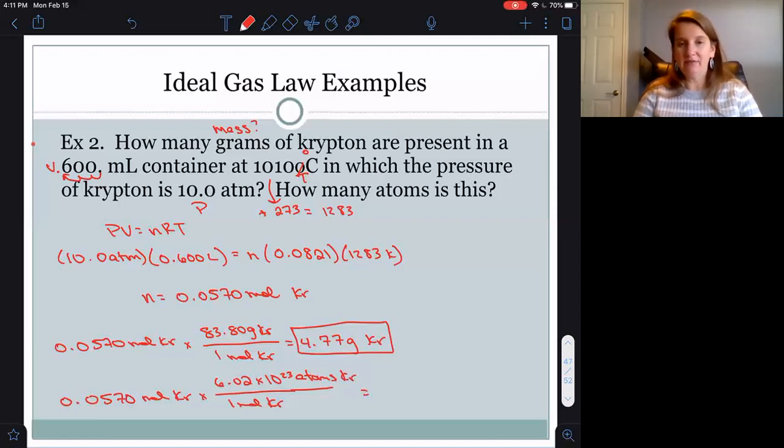So I'm just going to go back and find that number up here, hit enter, multiply by Avogadro's, and round this one to 3 sig figs, so 3.43 times 10 to the 22nd atoms of krypton.